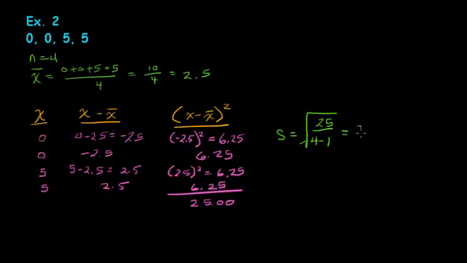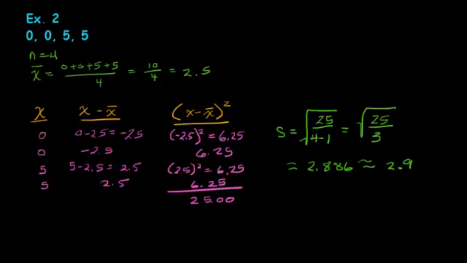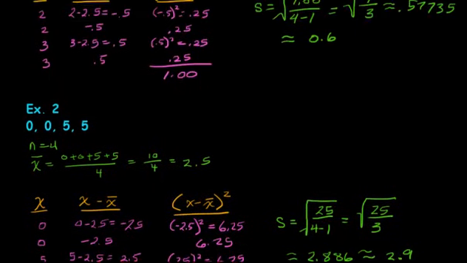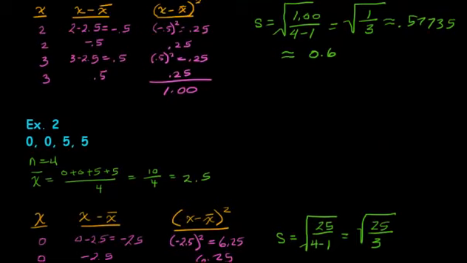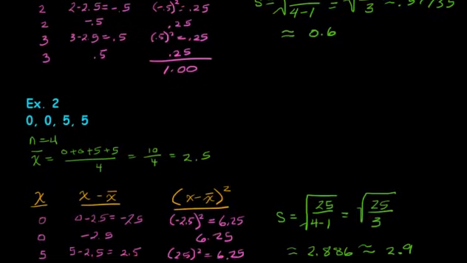So it's the square root of 25 over 3, which is approximately 2.886, or again, rounding to one decimal place, one more than what we have in the data, 2.9. So what we have seen here is these two data sets that had the same mean but very different standard deviations, 0.6 and 2.9.